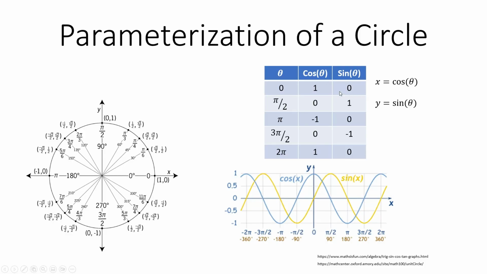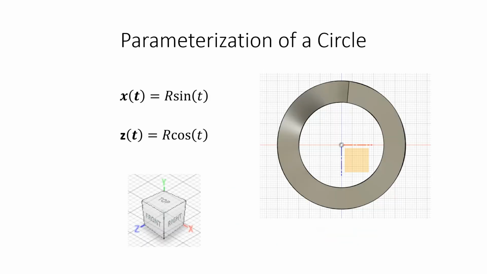And sine, which is equal to 0, is what we want. Sine of 0 is equal to 0. As we come up here to pi over 2 radians, we get that cosine of theta, which is our x, is equal to 0. That's what we want. And sine of pi over 2 is equal to 1, which is what we want. And you'll see as you go around the circle, cosine of theta and sine of theta continue to model your x and your y. So we've just parameterized x and y in terms of theta.